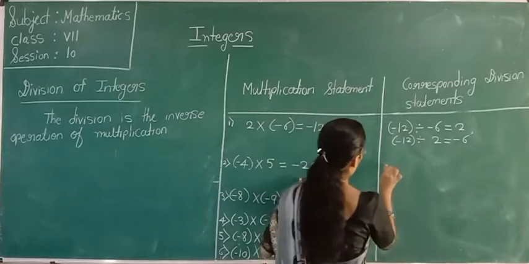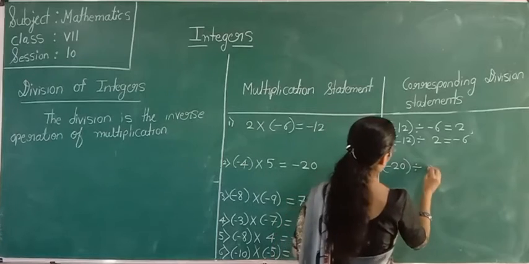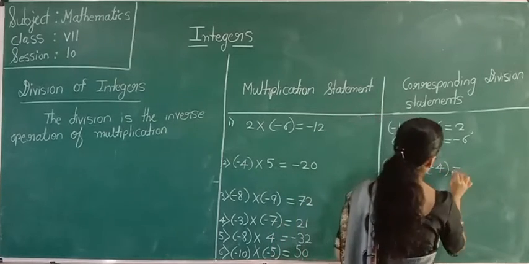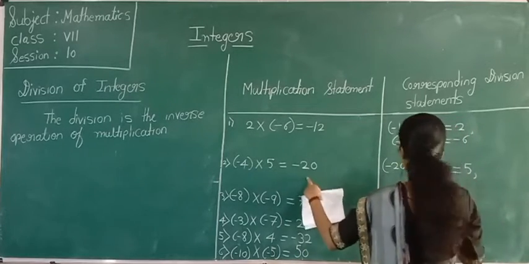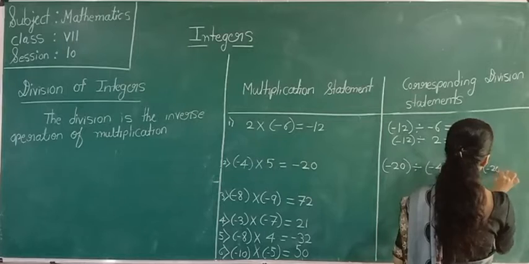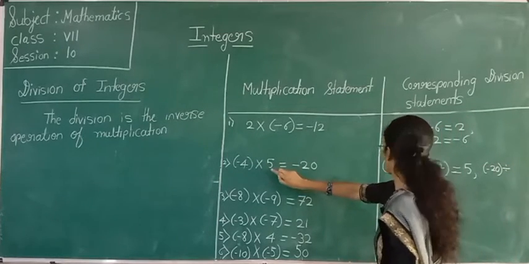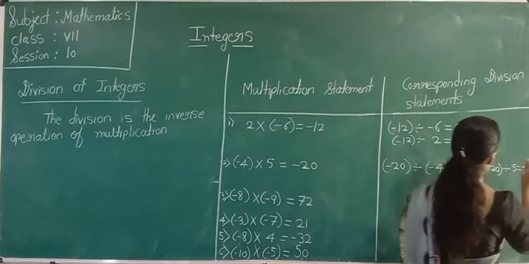See here. Minus 20 divided by minus 4 is 5. Minus 20 divided by 5 is minus 4.